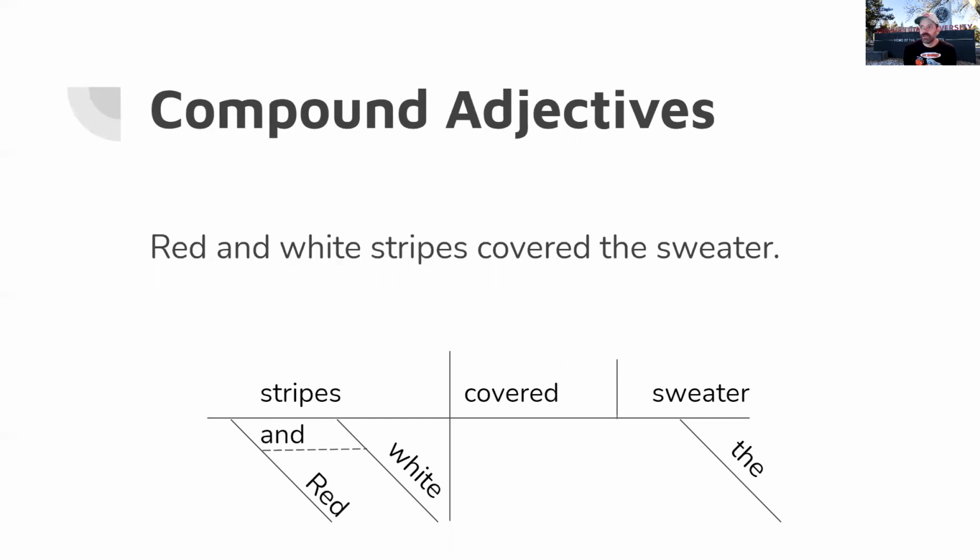You could also use this for compound adjectives. So red and white stripes covered the sweater. We've got our basic sentence, stripes covered the sweater. And that's a transitive verb there because it's taking the object, the sweater. But then when our adjectives are coming off of the noun phrase in the subject, we could just connect those two with a dotted line.